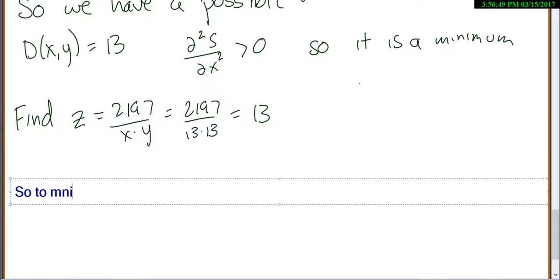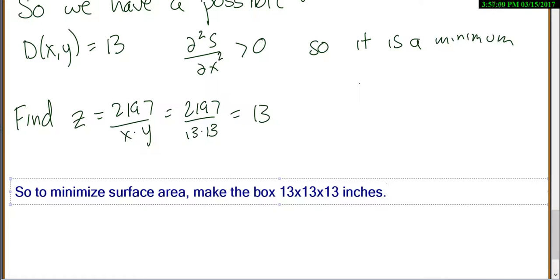So to minimize surface area, make the box 13 by 13 by 13 inches. Which makes sense because if you're doing just a plain box with no missing tops or anything, you always get the best volume for your surface area if you do a cube.